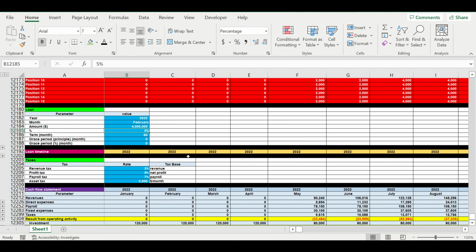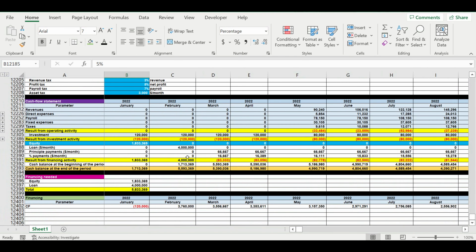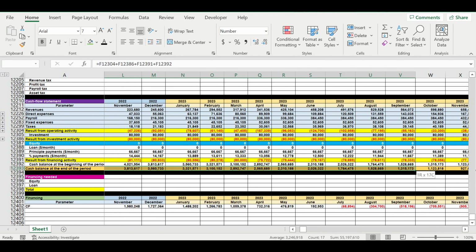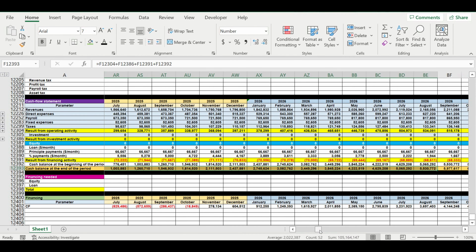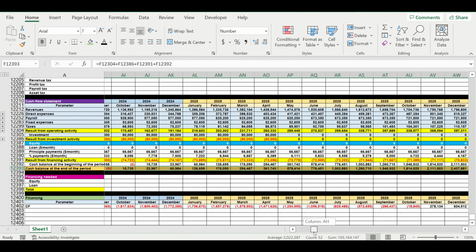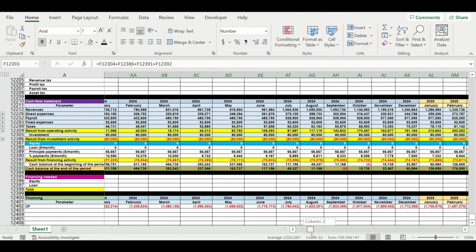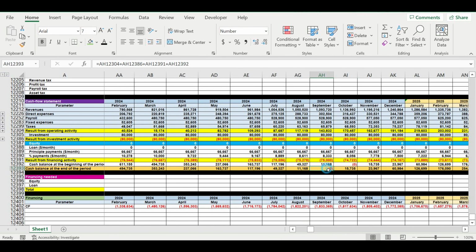So this is my loan. So here is the loan. I will need 1.8 million of my financing. I can go to the cash flow statement. So this is the moment when the project starts generating its own cash.